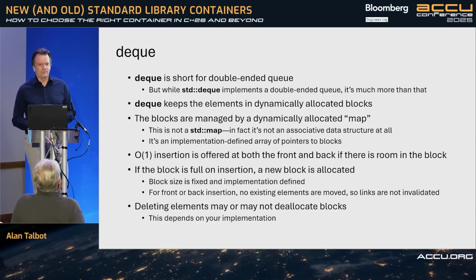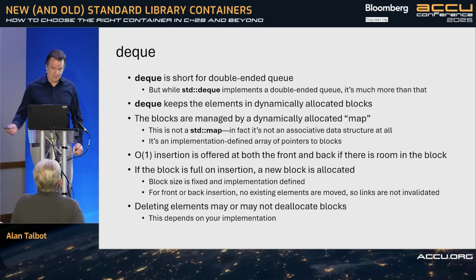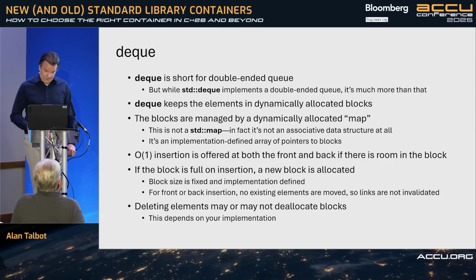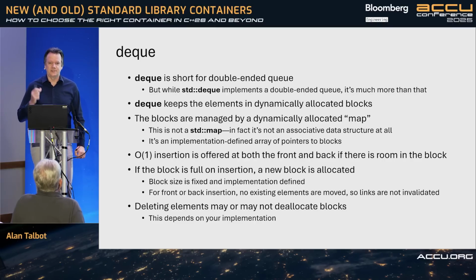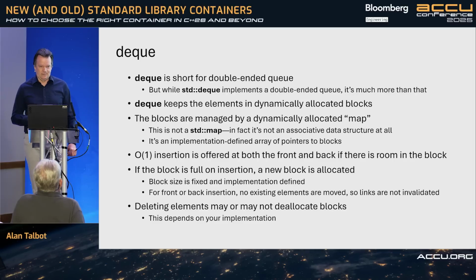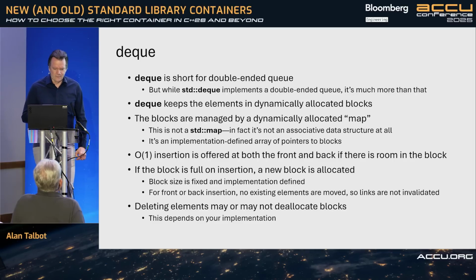This is confusing if you actually look into the code because it's not a standard map. It's not even an associative array at all. It's just a vector, or if you will, an array of pointers to blocks. And how it's managed differs from implementation to implementation. In fact, one of the themes of my discussion of deque is that the design of all this is implementation defined, and the implementations differ dramatically in how they do deque. We're going to get back to that.